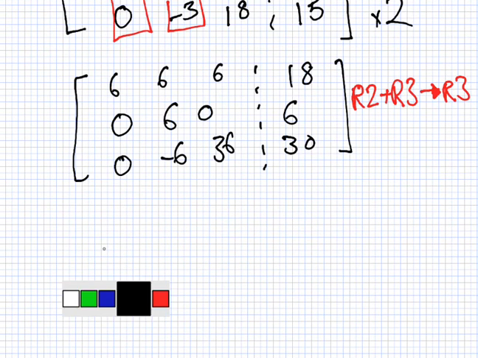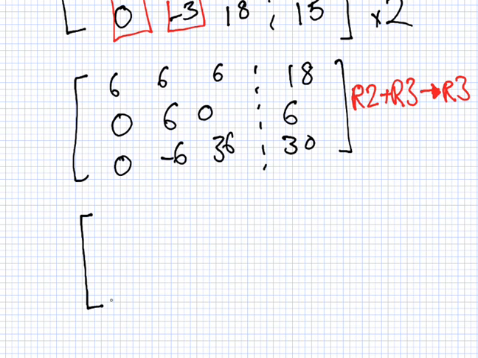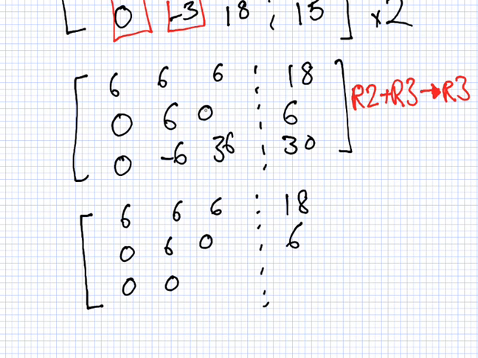You're only adding one row. 6, 6, 6, 18. 0, 6, 0, 6. Okay. 0 and 0? 0. 6 and minus 6? 0. 0 and 36? 36. And 6 and 36?